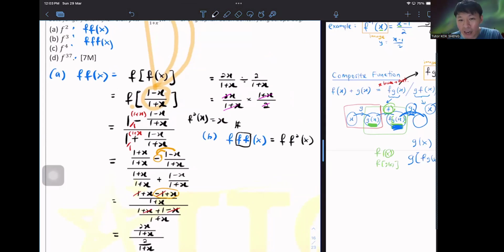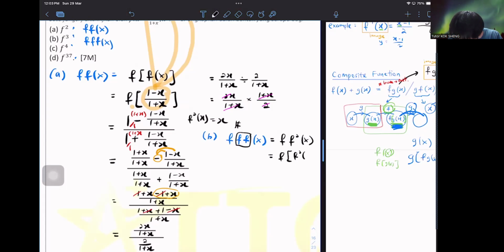That's why follow the composite function again, inside out. F square is the object. You already have the answer for F square.